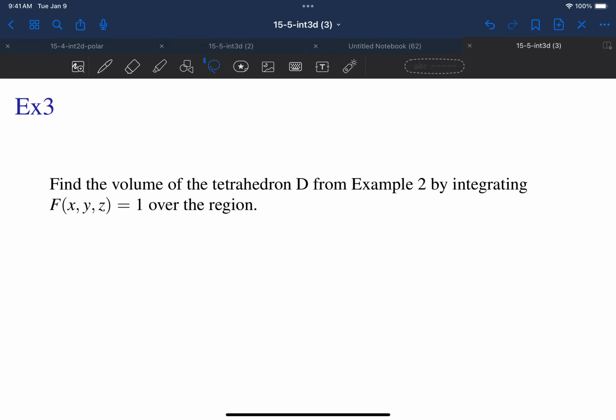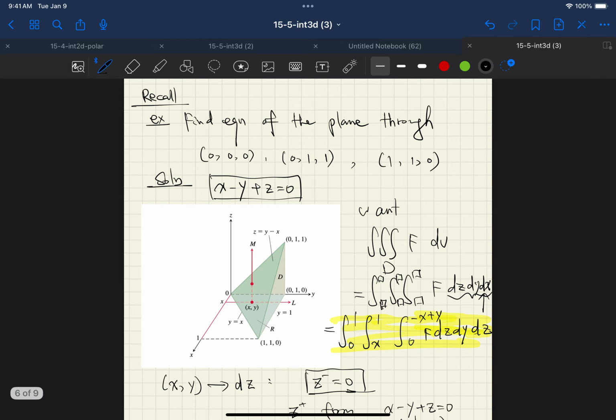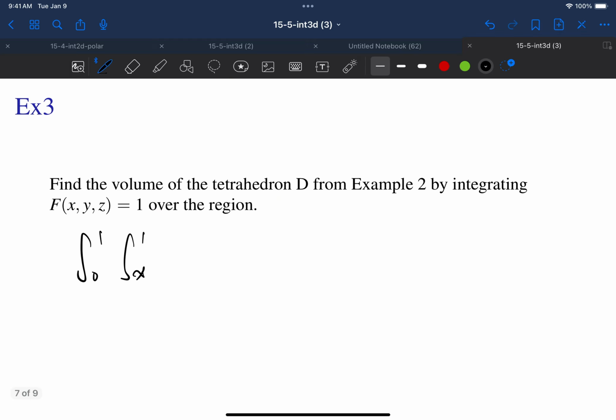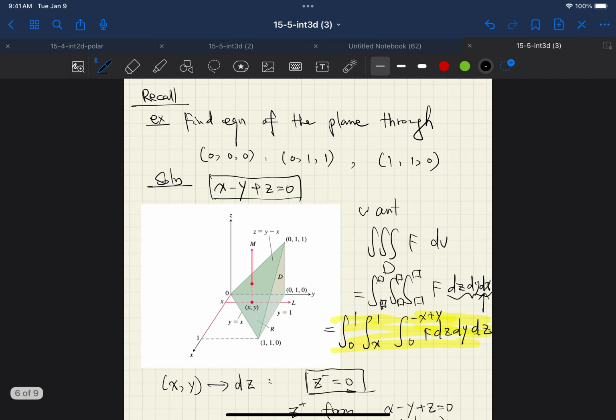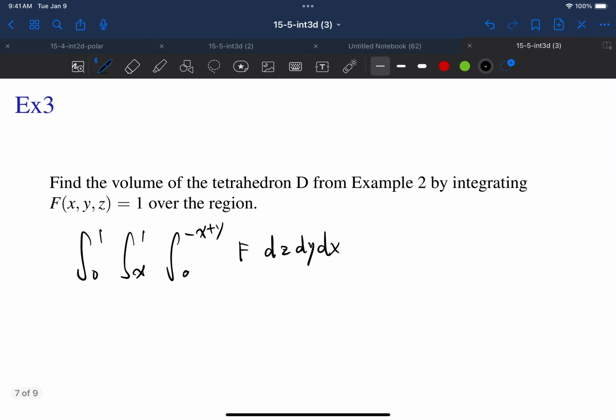This is too big. So we want 0 to 1, x to 1, and 0 to negative x plus y, f dz dy dx, but with f equals 1.